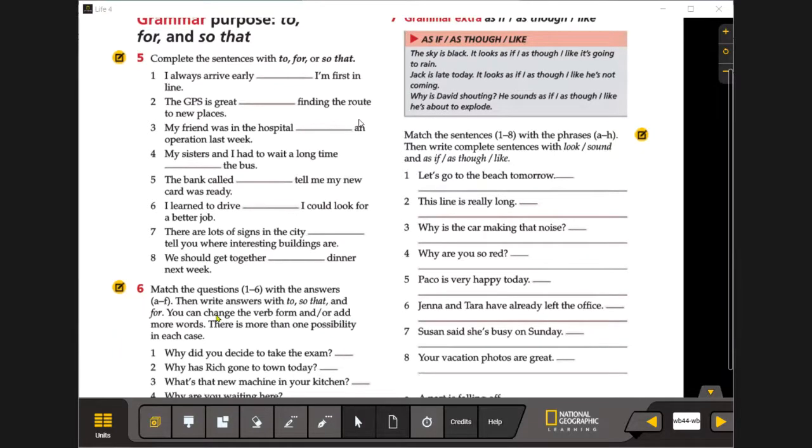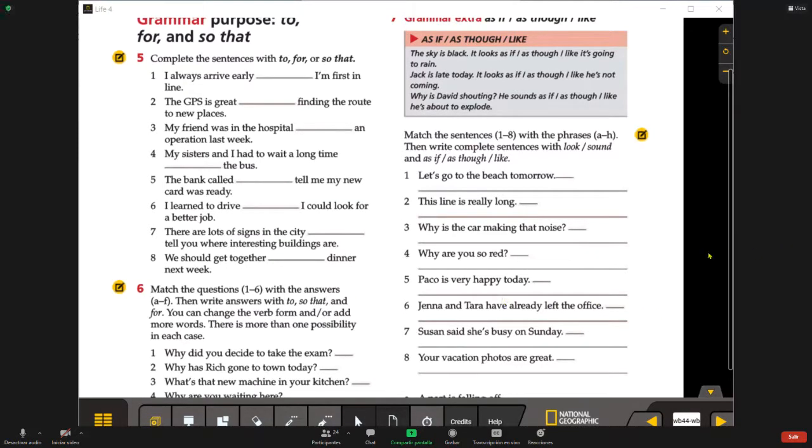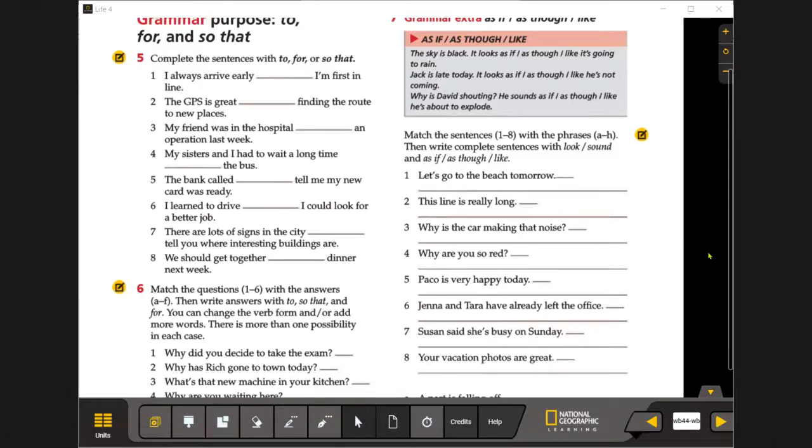Remember, originally, they were from the student book, page 152, exercise 4. From page 145 from the same student book, exercise 12.